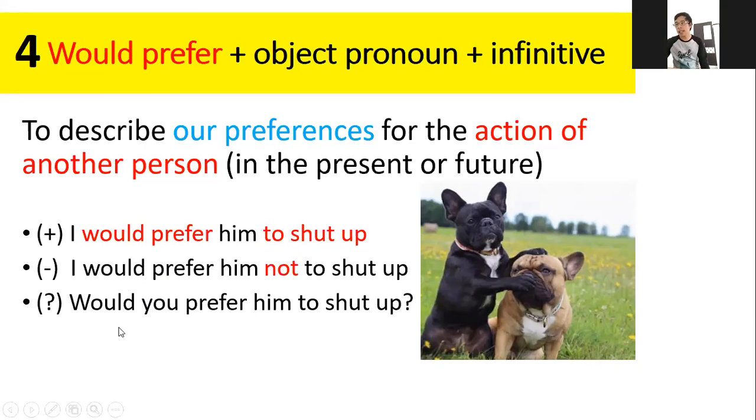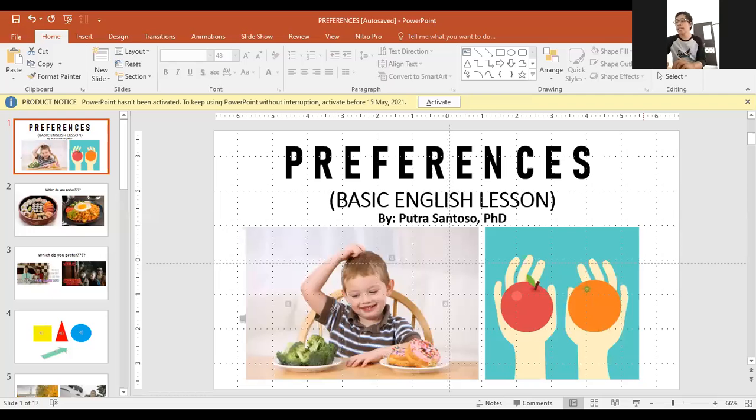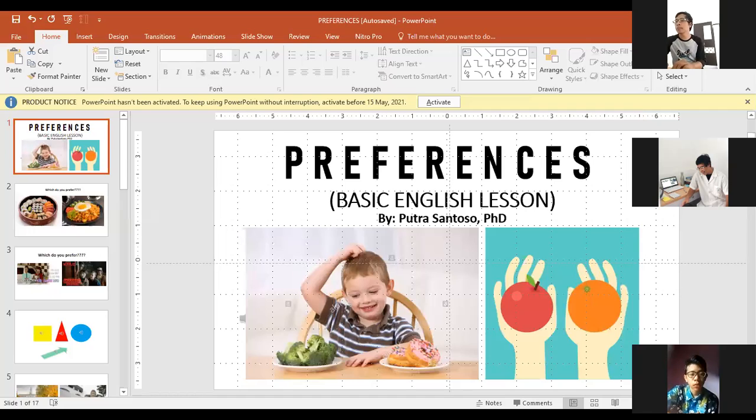That is the explanation of these basic preferences, a situation that you may express in conversations with your friends in your daily life, about your general and specific preferences. So I think that's all of my additional explanation about preferences.